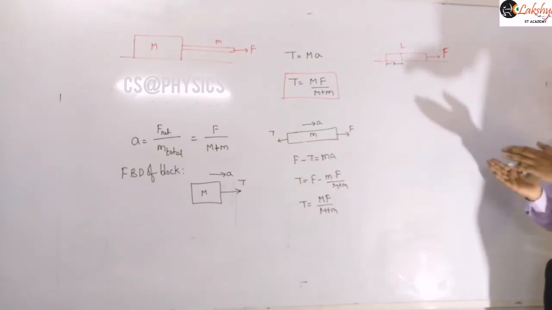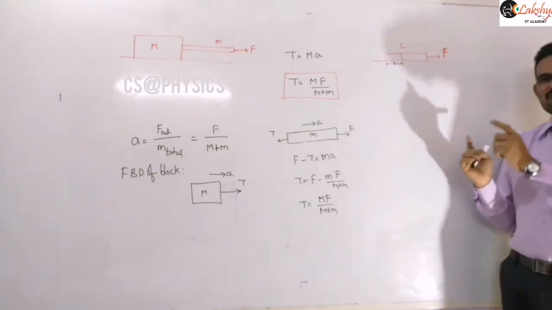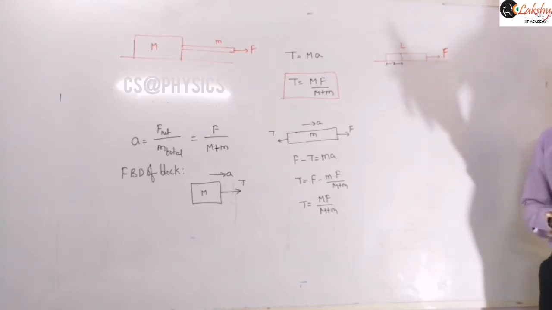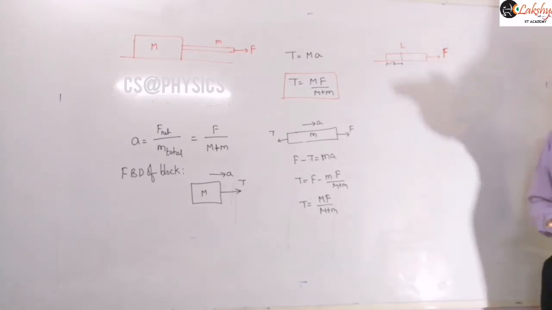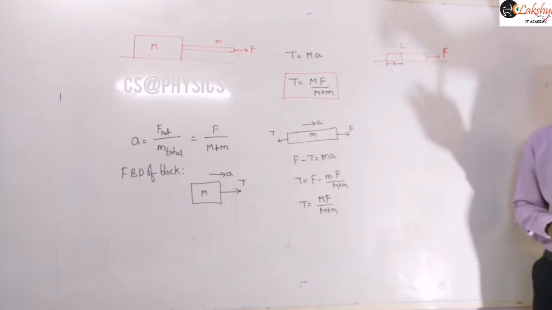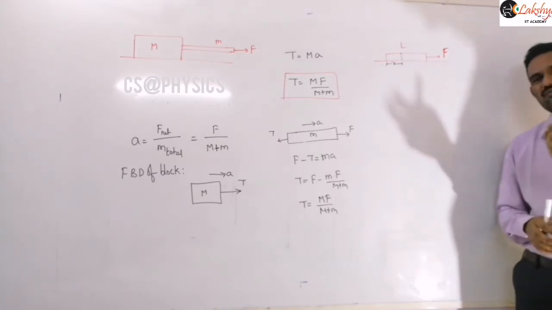Remember, this type of calculation you will get again in the chapter called elasticity. In elasticity also we need to calculate the tension at some intermediate points of the string. Now, the mass of the string is not given, just the words uniform string.